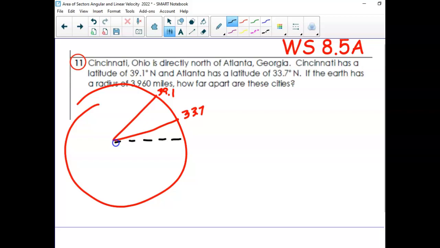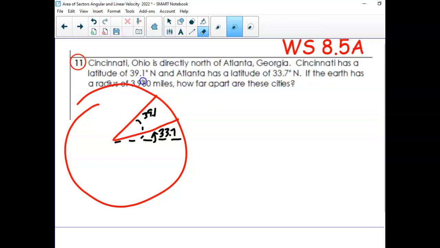So from the equator, you went up 33.7 to get to this one, and you went up 39.1 to get to that one. Should have drawn it like that. Okay. If the Earth has a radius of 3960 miles, how far apart are these two cities?